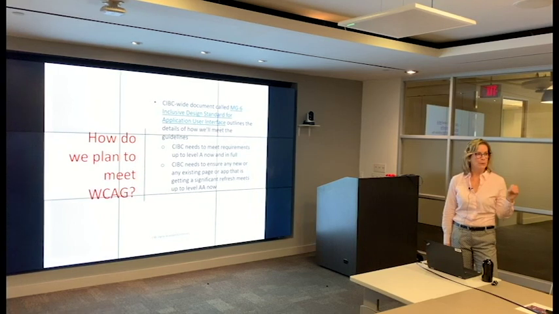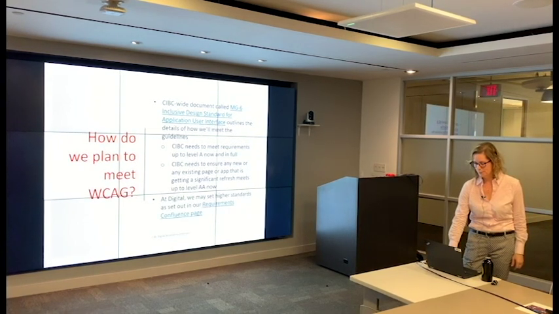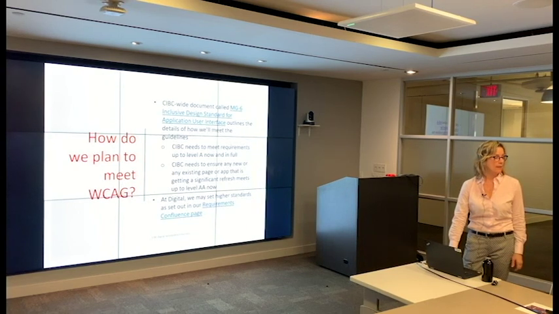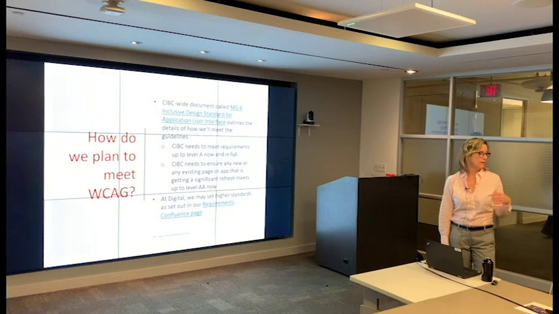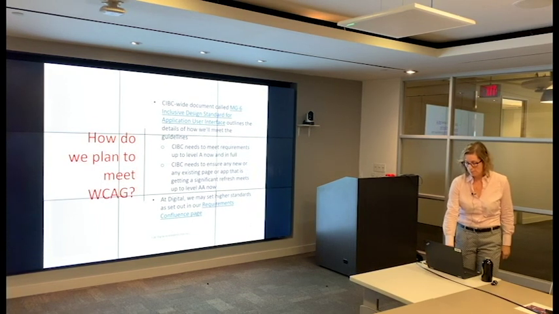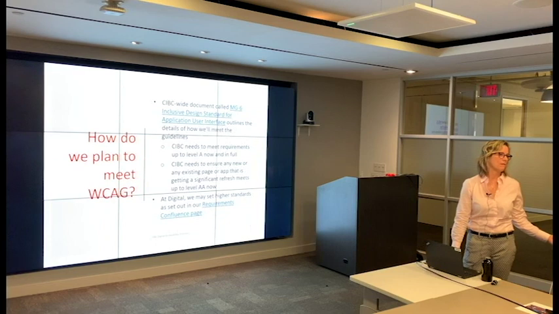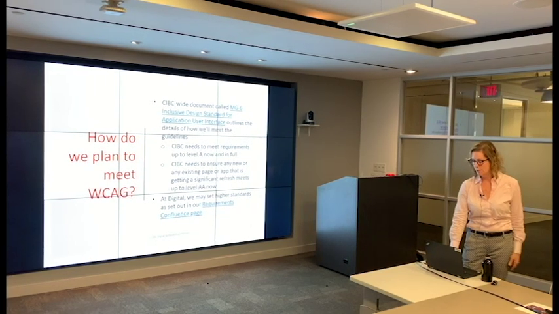So an app or a web page that has significant changes sent to it. We also set some higher standards at Digital, and an example would be plain language, which is actually a level AAA in WCAG, because it's just important for all our clients really to have things in simple, straightforward language.